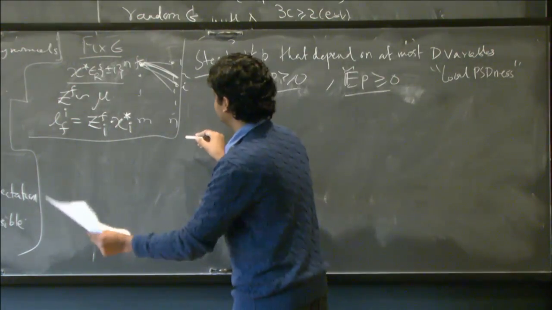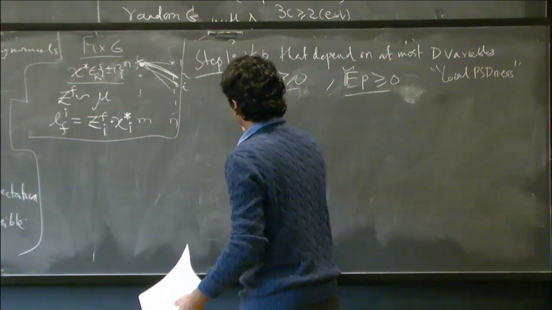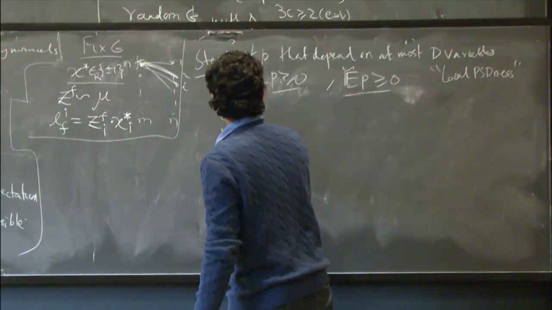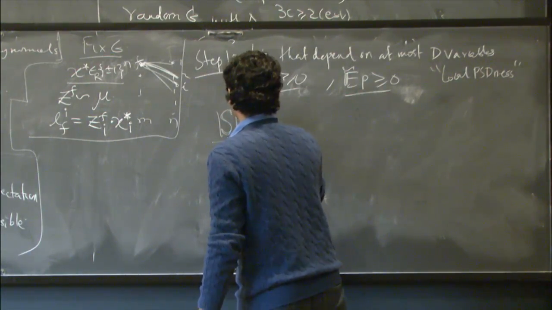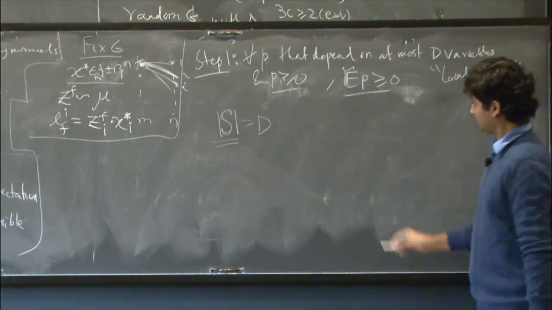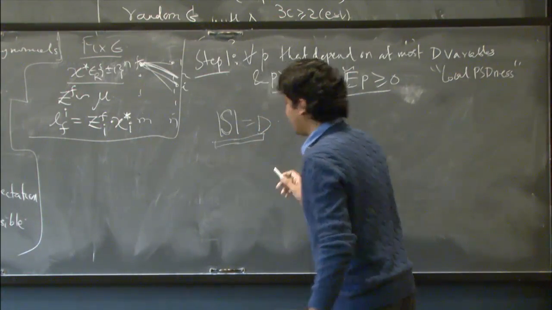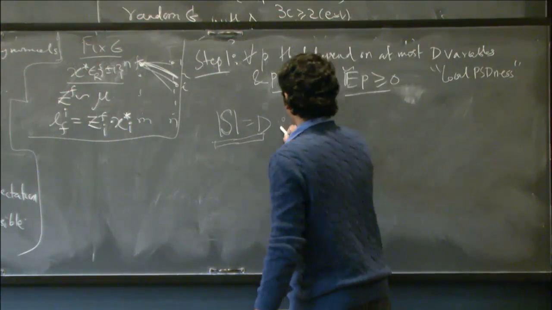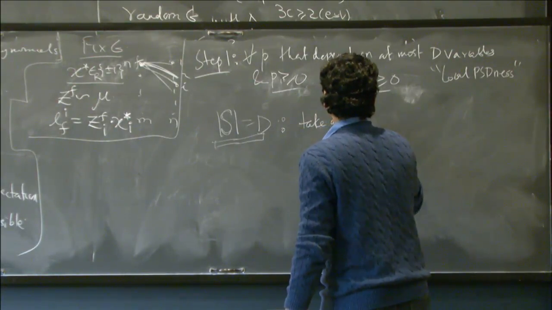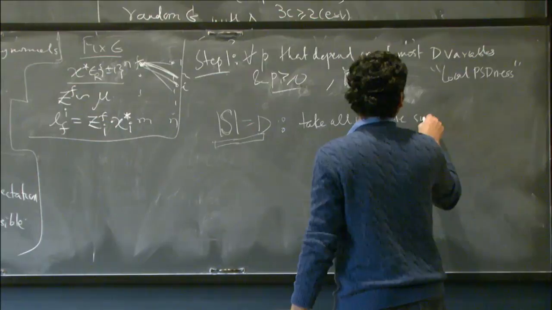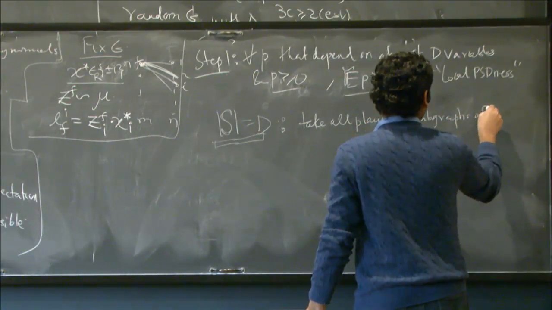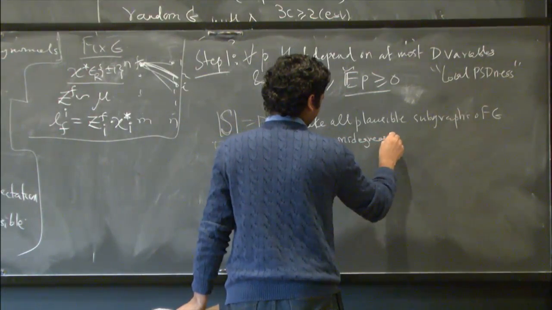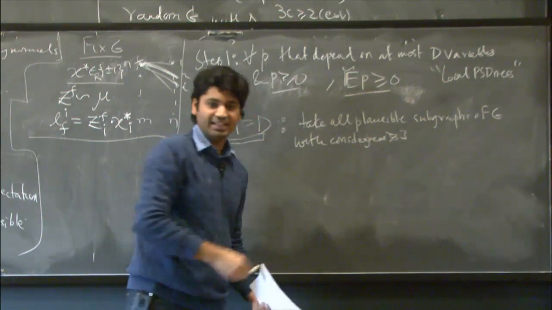Suppose I'm looking at some set of variables S which is of size equal to capital D. I define all plausible subgraphs: take all plausible subgraphs of G with constraint degrees 3, so every constraint vertex has to have degree at least 3.